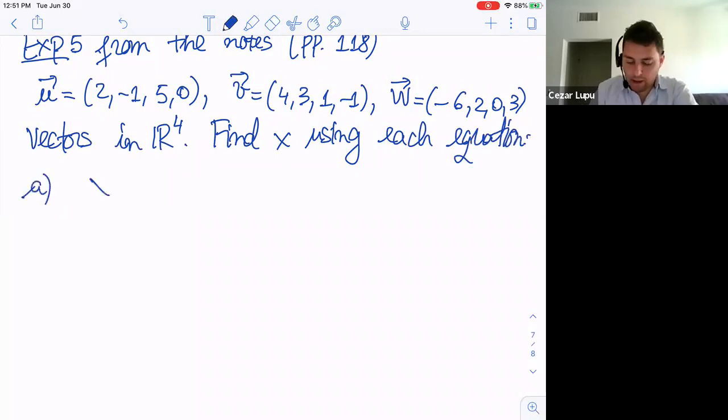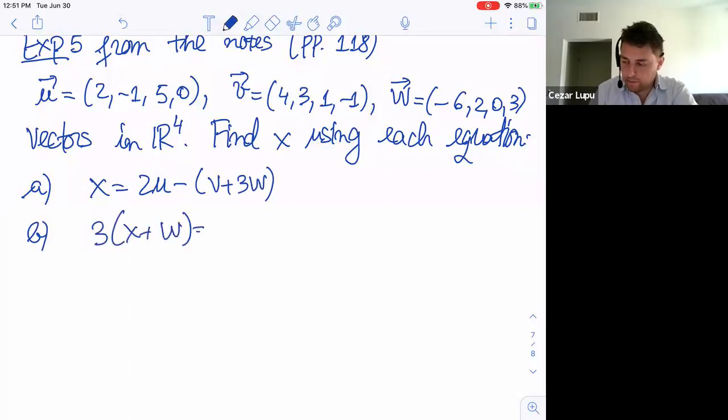A, x equals 2u minus v plus 3w. B, 3x plus w equals 2u minus v plus x. So we need to find this x, who this x is.